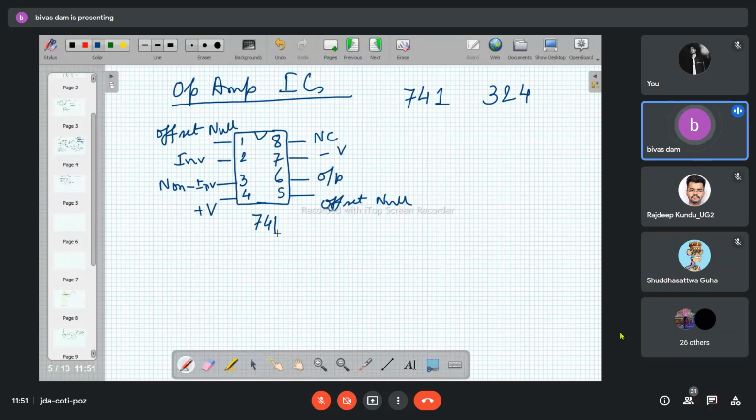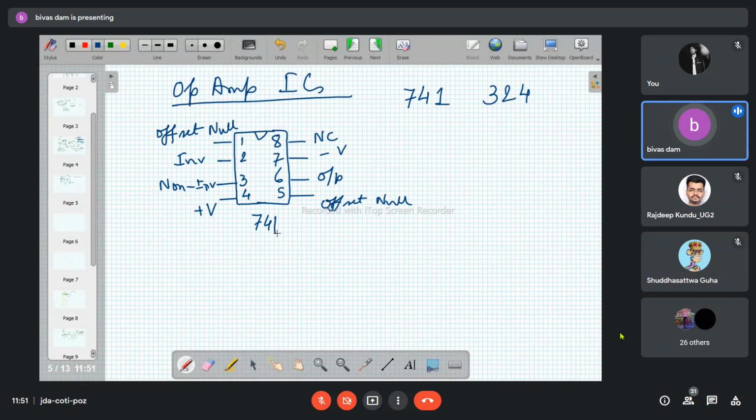So what you can do here is, through pins 1 and 5, insert a certain DC voltage externally to the internal circuit so that the level shifter can now try to ensure zero output in this new condition.